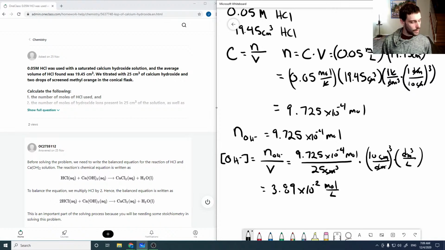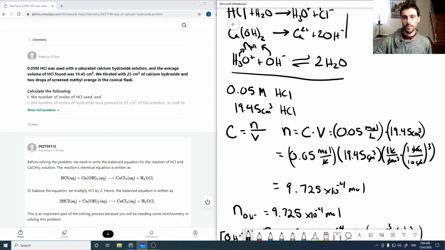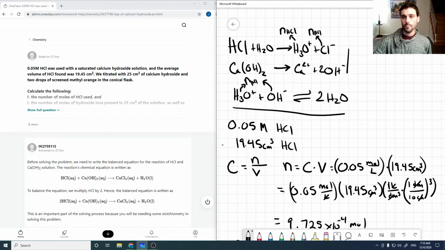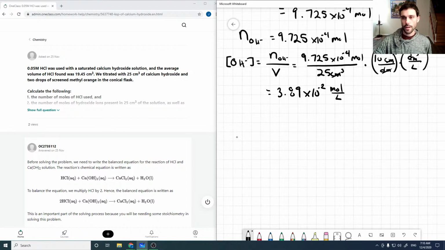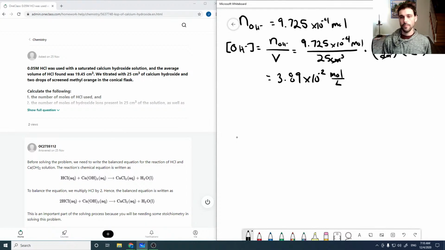And then it asks us now to calculate KSP for calcium hydroxide. So I'm just going to rewrite the calcium hydroxide dissociation down here, just so that we have it.